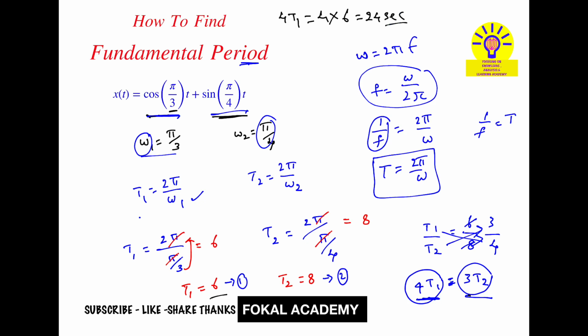Or take 3T2, that is 3 into T2, T2 is 8, that is 24. So 24 seconds is the fundamental period for the given problem, and this is the process of simplification.